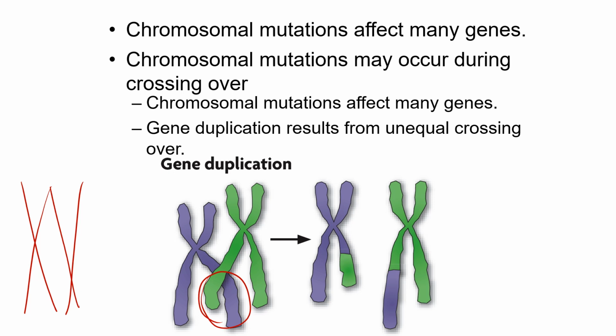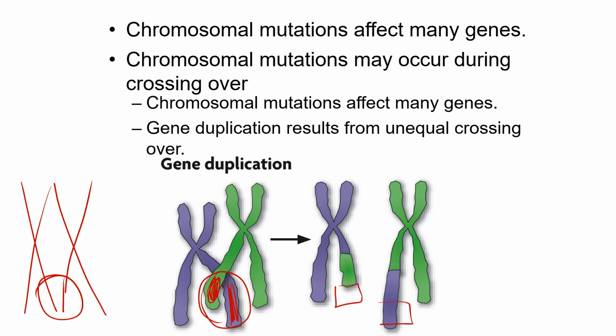I drew that X weird. The chromosomes are lined up equally, so when they switch, they exchange the same amount of DNA. In this sense, the green chromosome here, this homologous pair, is giving less DNA than the blue homologous pair. So now we have less DNA on this chromosome and more on this chromosome.